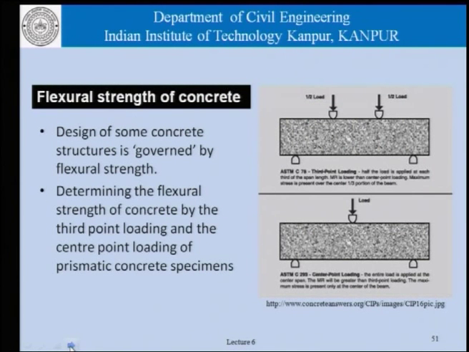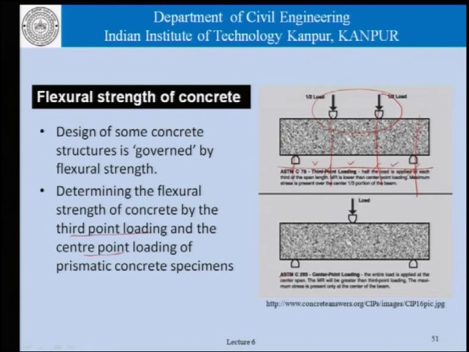When it comes to flexural strength, which again is required in certain structures governed by flexural strength, the ASTM, for example, gives us the alternative of the third point loading or the center point loading. The third point loading basically says that we have a prismatic beam and we apply the load at two places on the top, and these three spans are equal.